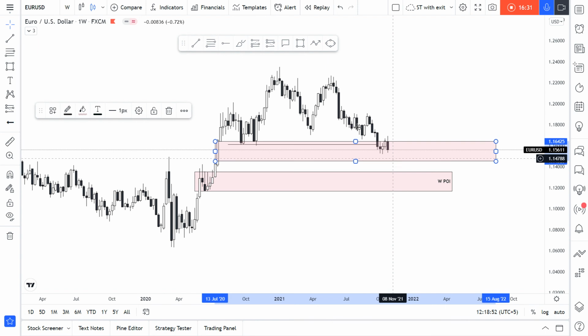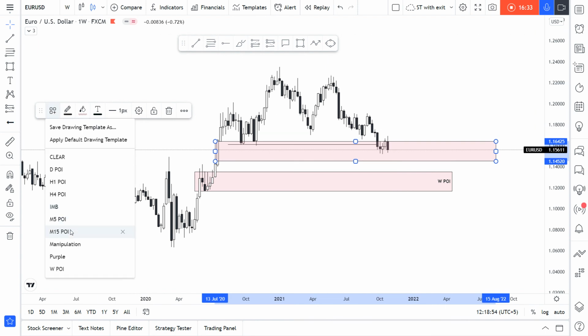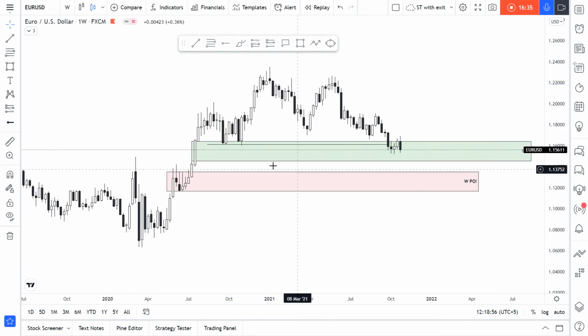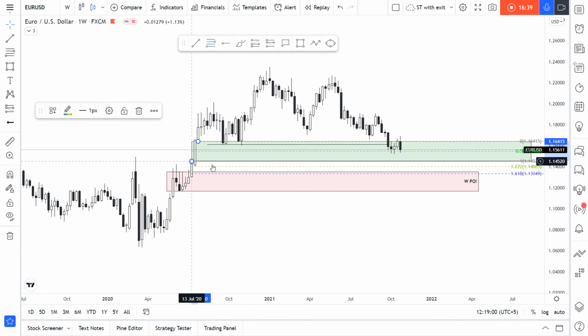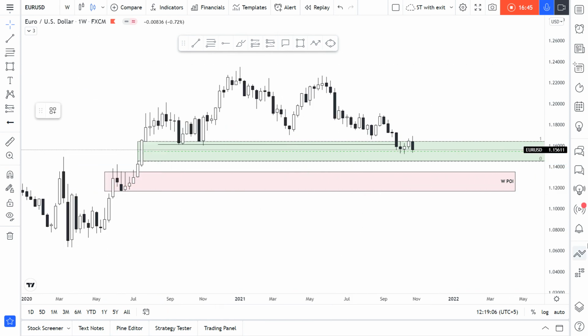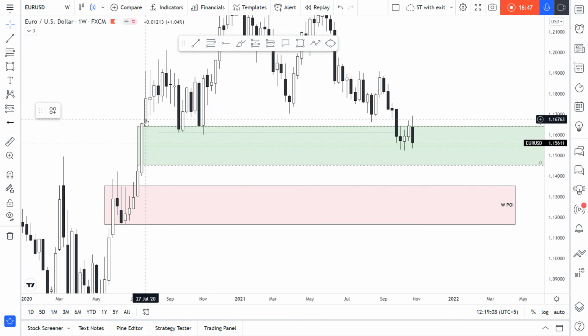This is our imbalance. We got the reaction from the 50%. Perfect. Previous week we got the reaction from the 50% of this imbalance. We rejected up, failed to break some levels on the low time frame here, and then headed towards the downside.